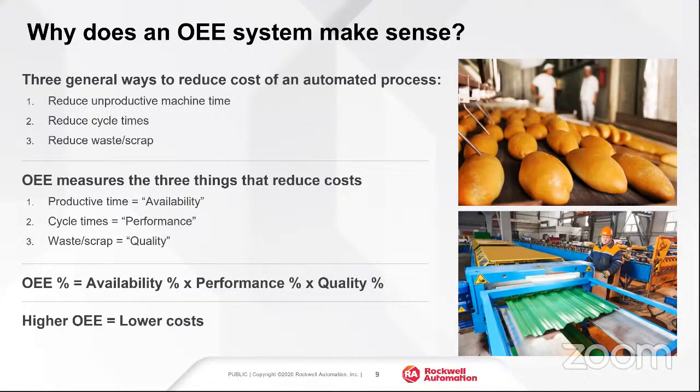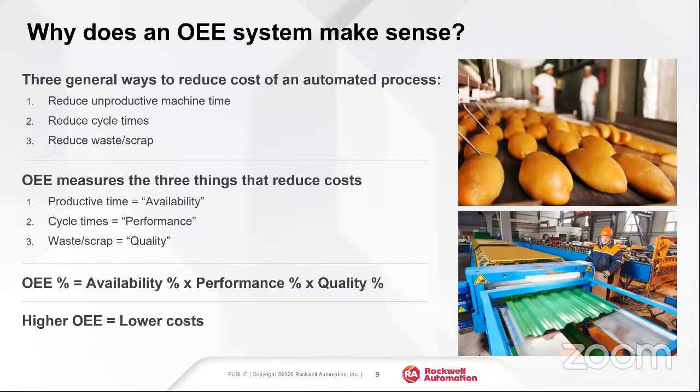Now, OEE measures the three things that reduce the cost, right? It increases the productive time, so it increases the availability. It can measure the availability. It can give you the insight into performance of a machine, so whether it's running at its peak capacity or not.